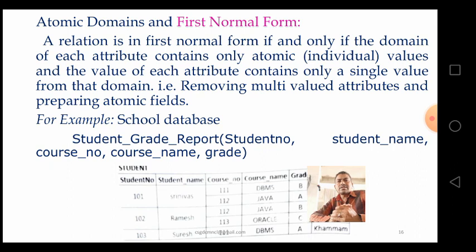That is removing multi-valued attributes. Multi-valued attributes can be removed from the table, preparing atomic fields. That is called first normal form.